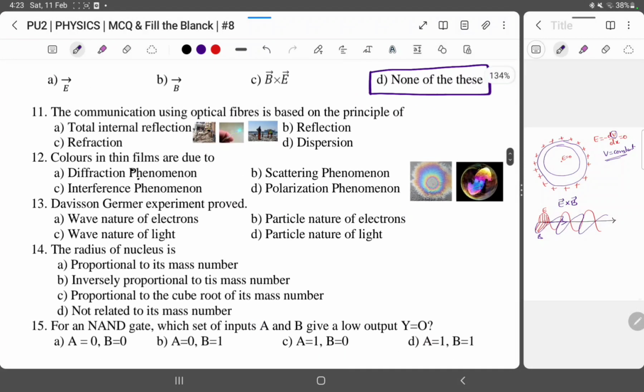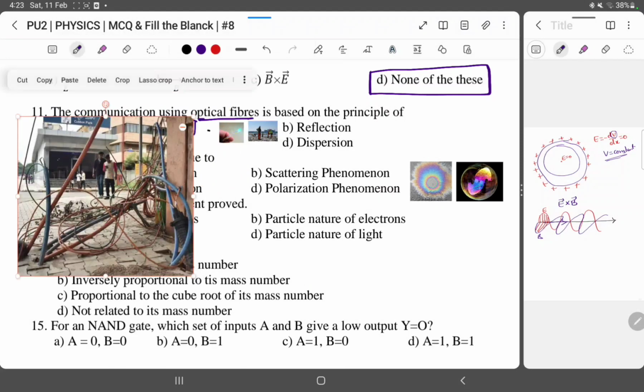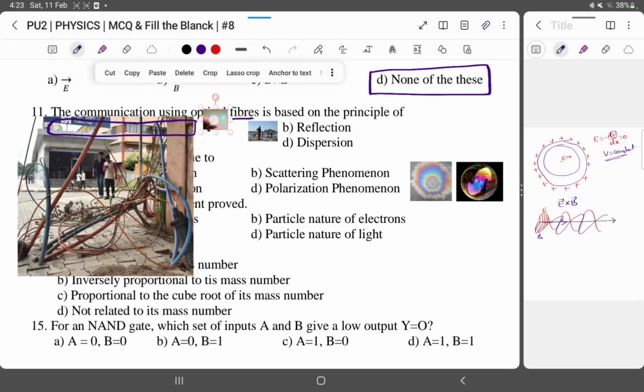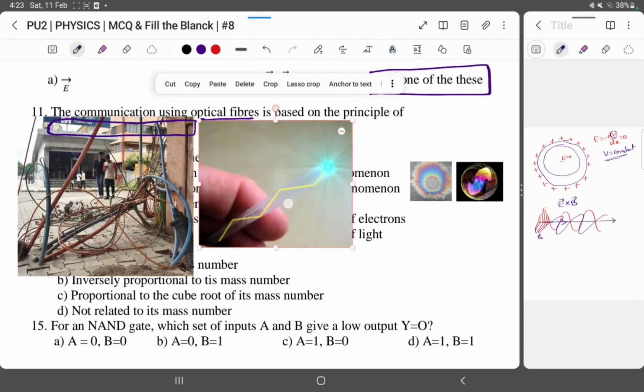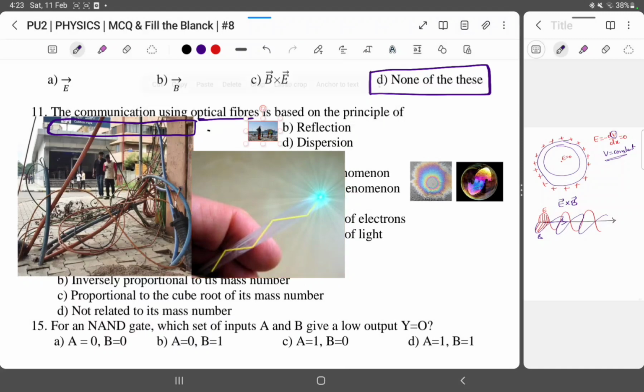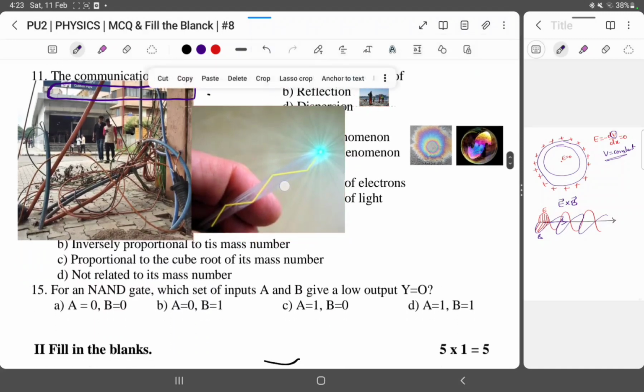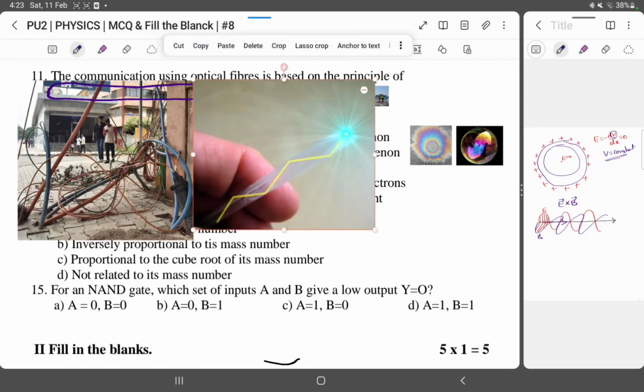That is, the communication using optical fibers is based on the principle of. See, that is total internal reflection, because we have already discussed about this many times in the previous question papers. So total internal reflection is the correct answer. That is in case of optical fibers. See, optical fibers looks like this. Okay, so you might see these kind of pictures in and around your home or workplace, somewhere else.